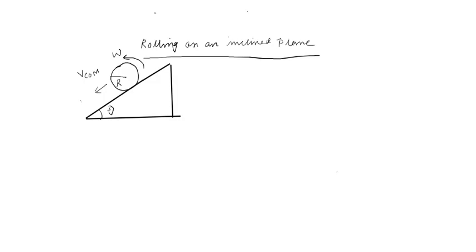First, the forces. The weight of this object will act vertically downwards, and it will be mg. This plane will also exert a normal reaction N, which will pass through the center because it is in the radial direction.